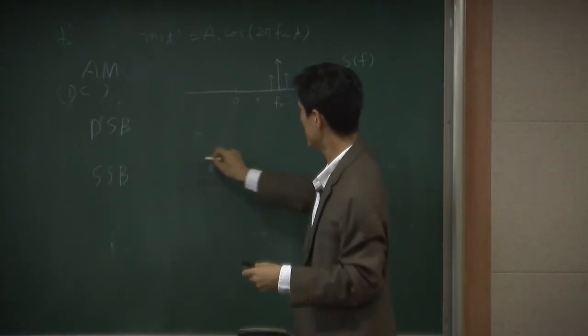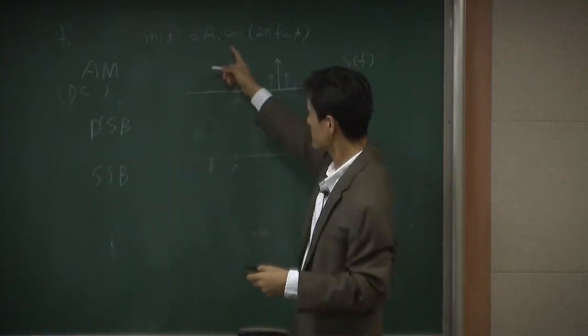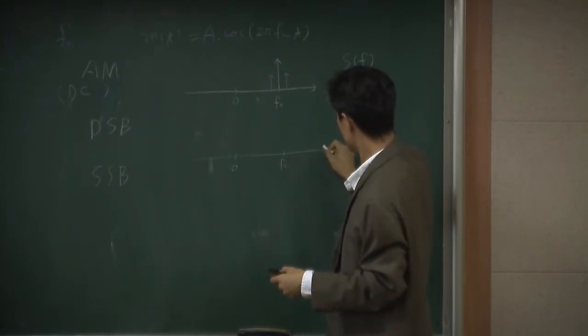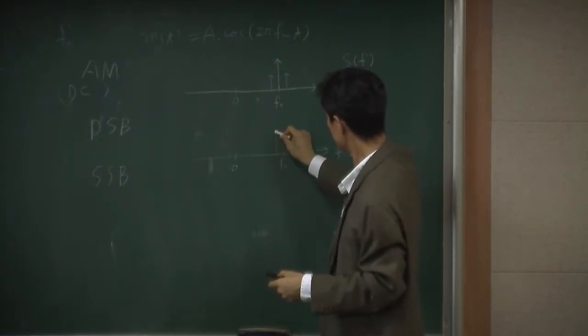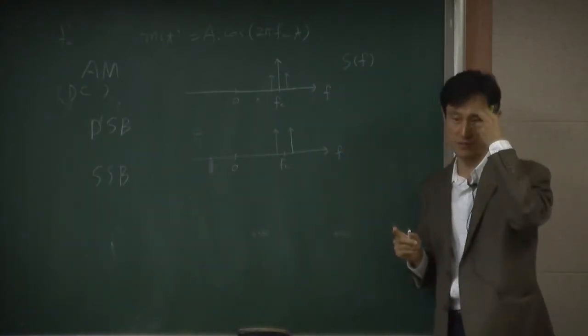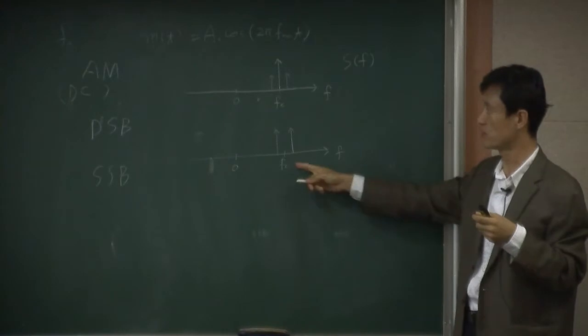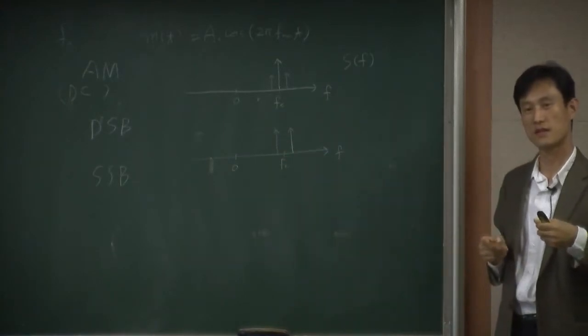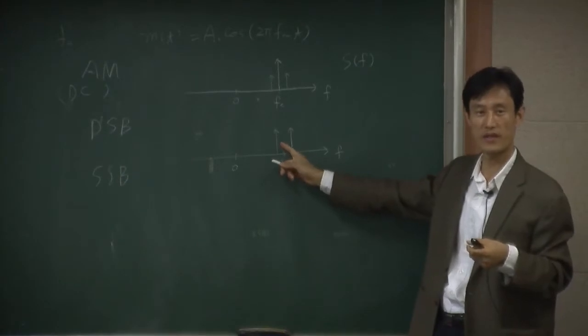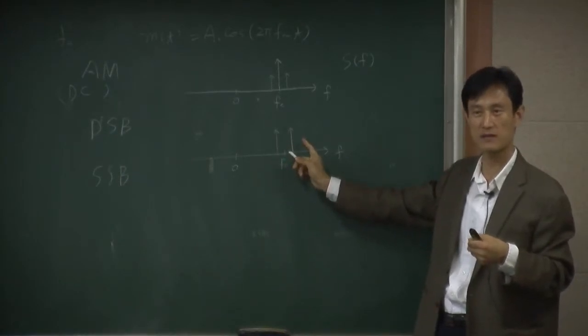Now what happens in the DSB? Using the same message, you do the DSB modulation. What do you get? You're going to get this kind of frequency response, right? That's your S(f) when you do the DSB. In DSB, you don't have a carrier, right? You only have both sides, your sidebands.